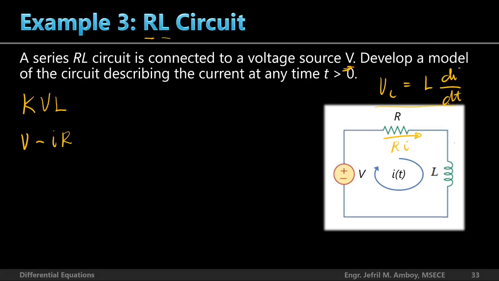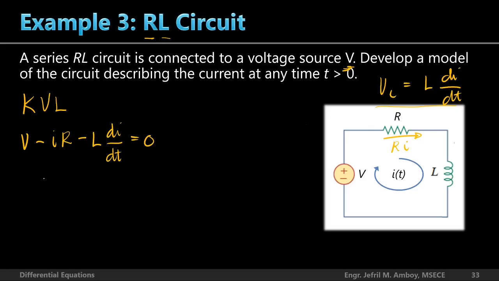If you are not yet familiar, then I now give you the relationship between the voltage drop in an inductor and the current through it. The voltage drop in an inductor is proportional to the rate of change of the current. The constant of proportionality is the inductance of this inductor. So we put here in the equation the voltage drop for the inductor, which is L times di over dt. And of course, this is equal to 0 according to KVL.